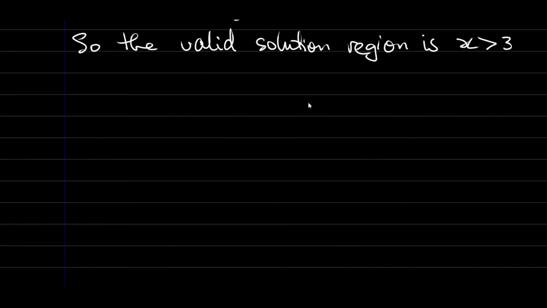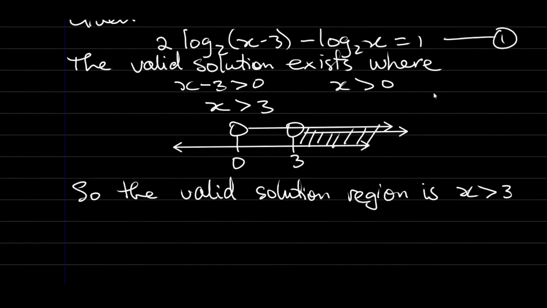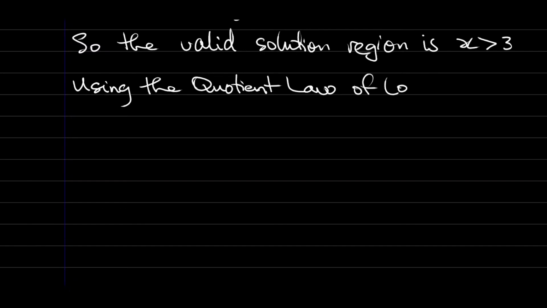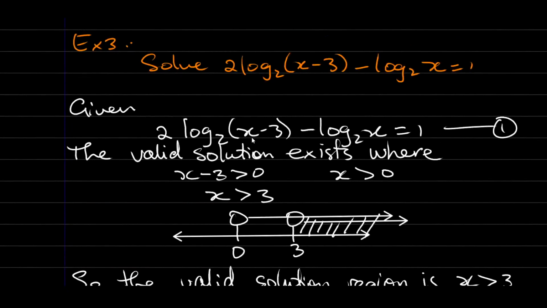And let's see. Using what we're going to use here, using the quotient law of logs, it becomes log base 2. Well, actually, this is going to be raised to the second power.